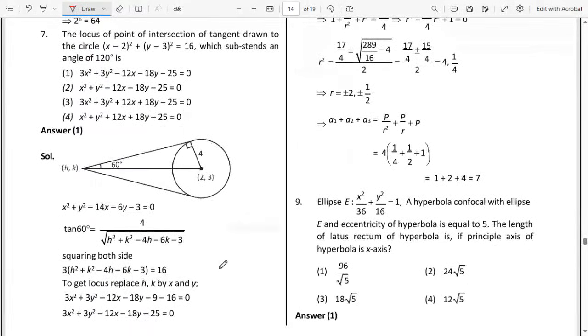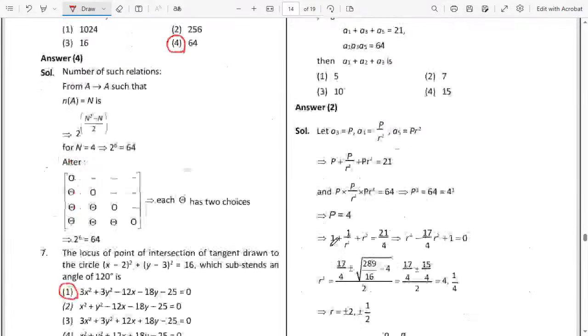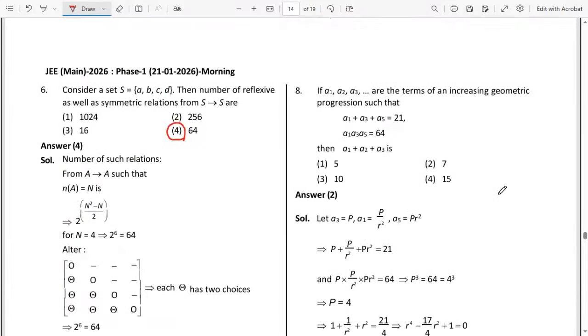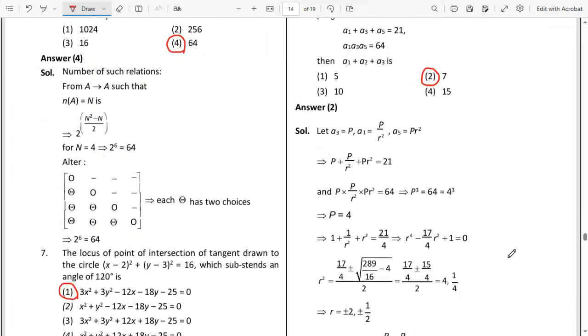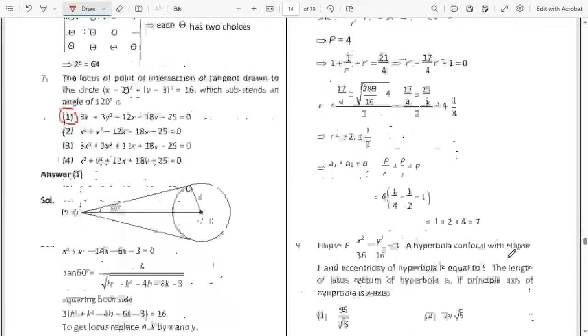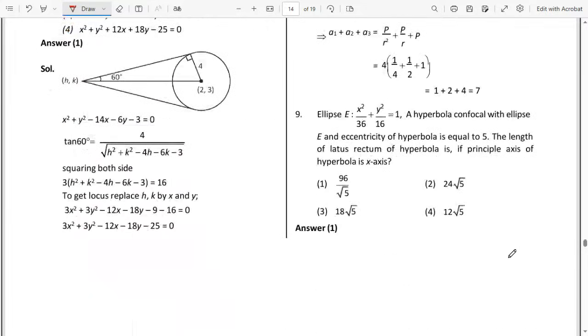Question number 7, option 1 is correct option students. Question number 8, option 2 is correct option students. Question number 9, option 1 is correct option students.